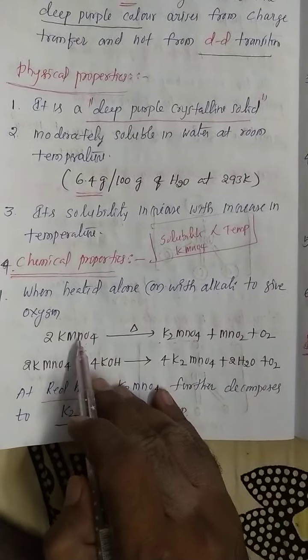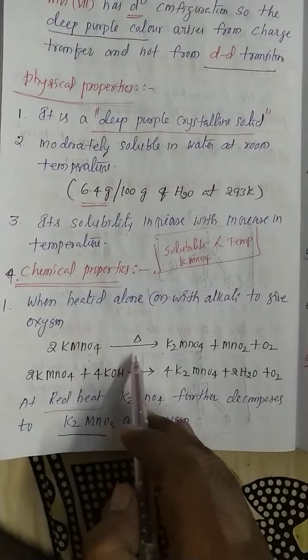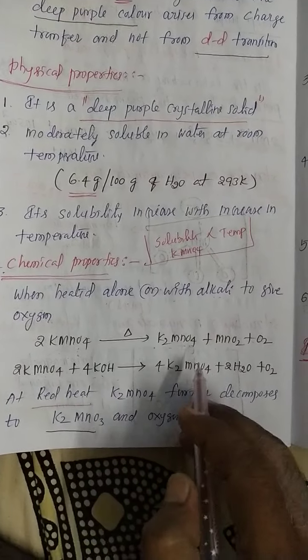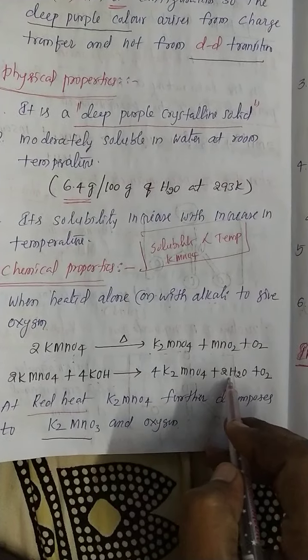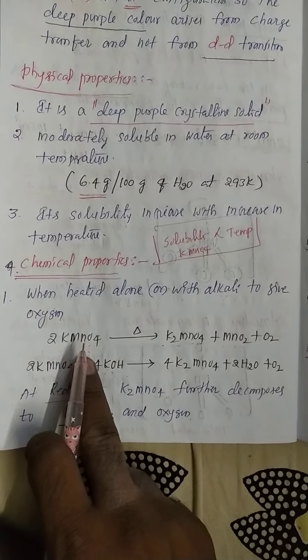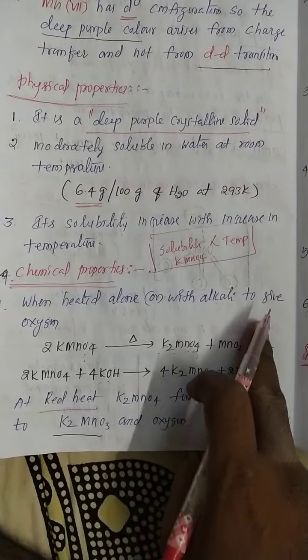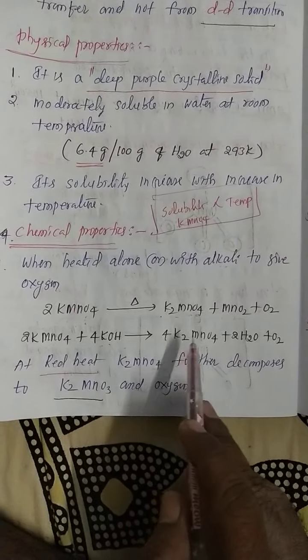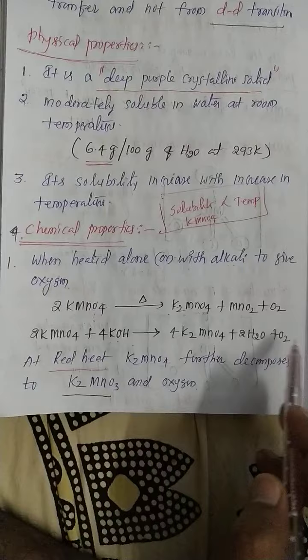With alkali, KMnO4 reacts to give K2MnO4, water and oxygen. So ultimately when potassium permanganate is heated, the byproduct is oxygen: K2MnO4 plus 2H2O plus oxygen is released.